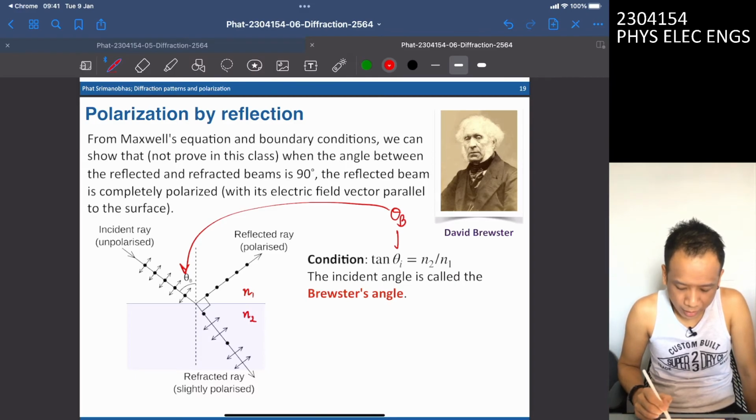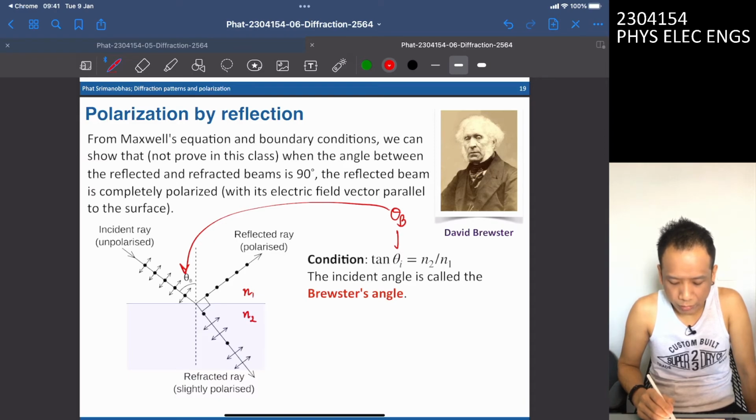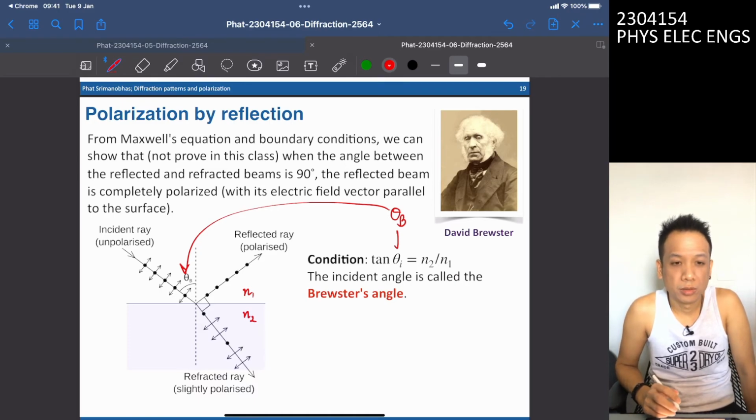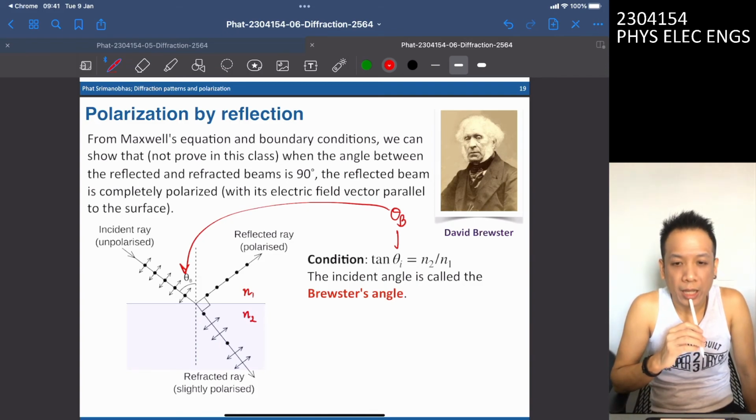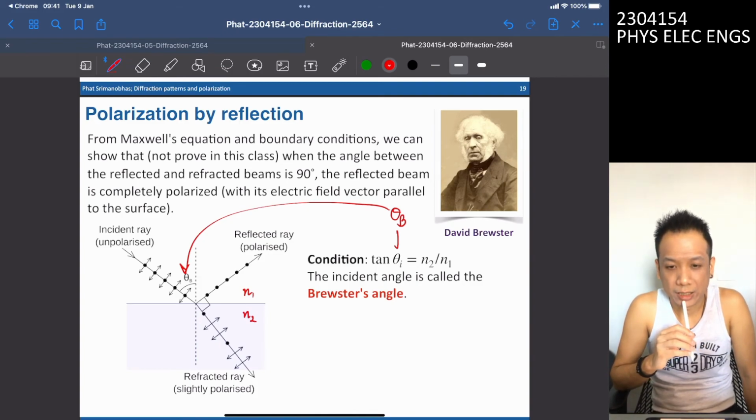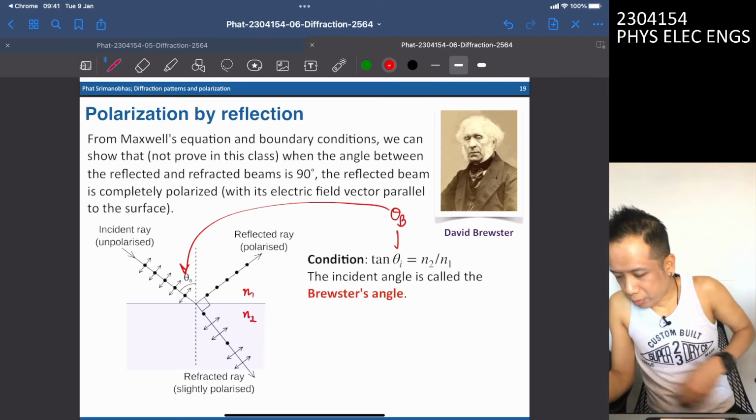Then you can find tan theta, and find theta using the arctan. That angle is called the Brewster angle, so that the reflected ray is polarized light.